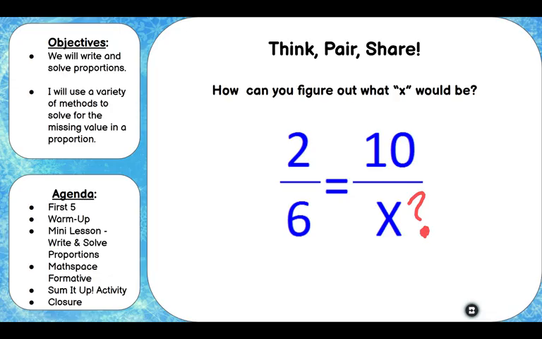We don't know what goes there, so we need to figure that out. Think about a strategy you could use to find what would go there. Then pair up with somebody and share that strategy with them. Then be prepared to come back together and share as a class. So pause this video, do the think, pair, share now.